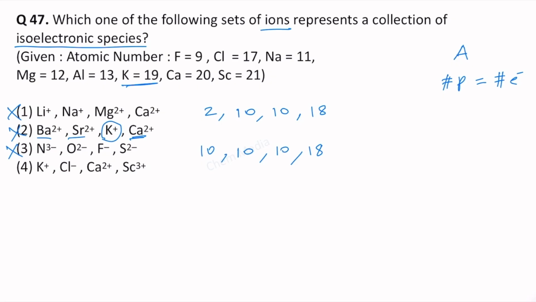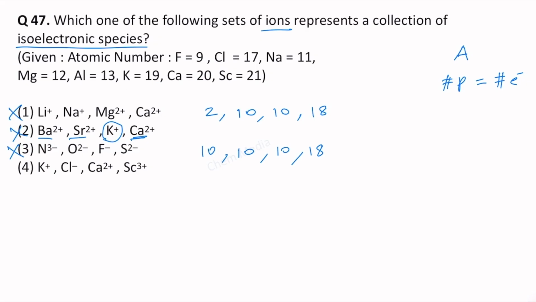By the way, you can also rule out option 3, because oxygen and sulfur belong to the same group and the charges are same. So in case you do not remember the atomic number of sulfur, you can still rule that out. And then for option 4, potassium plus, K plus, so 19 is the atomic number, therefore we will have 18 electrons.